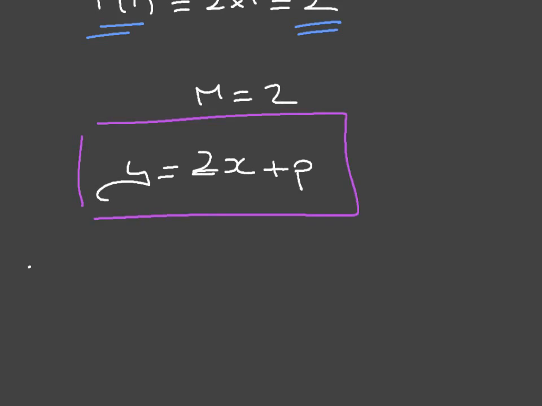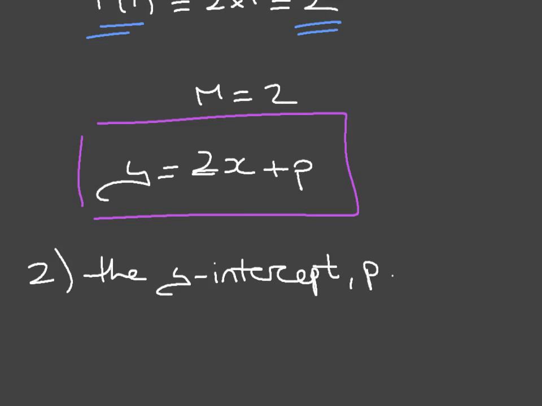The second thing we have to find, remember, is the y-intercept, the y-intercept p. Now, how are we going to find this? In that first example I showed you a few minutes ago, we were given a point in the question, a point through which the curve passes, and through which the line passes, and that's what we used.